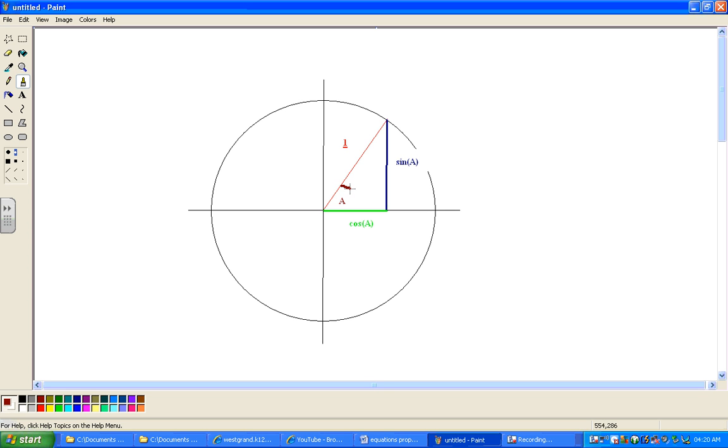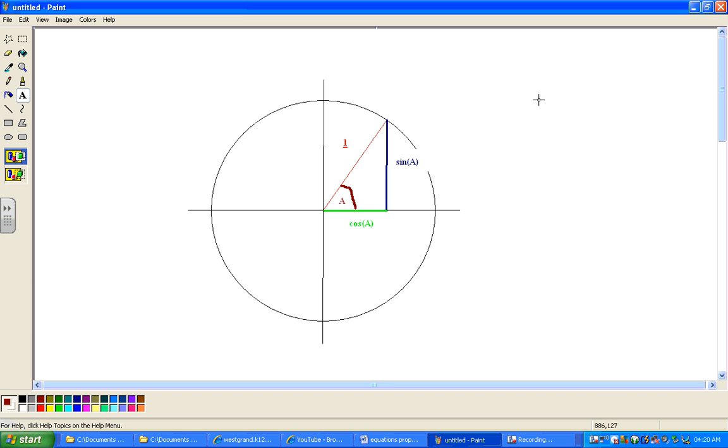Not very good with my mouse, but hopefully that will indicate that that is where angle A is. That could go around anywhere in the circle. We'll do that a little bit later with Geometry Sketchpad. But the hypotenuse is never going to be bigger than 1 because the unit circle always has a radius of 1.